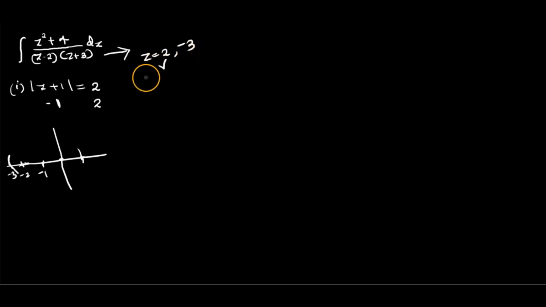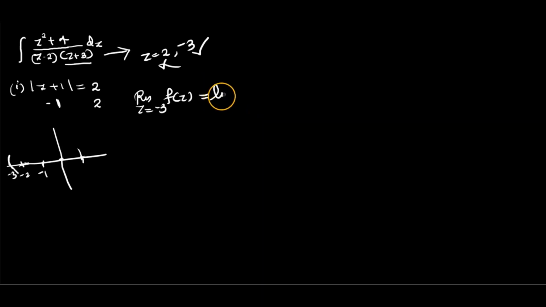Clearly z equal to 2 is not inside the curve, but z equal to minus 3 is inside the curve. So we want to find the residue at z equal to minus 3, which is a simple pole of this function.